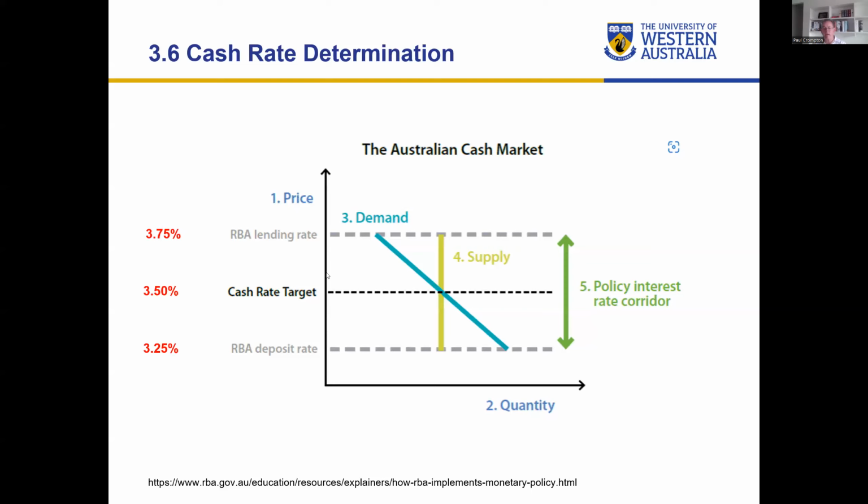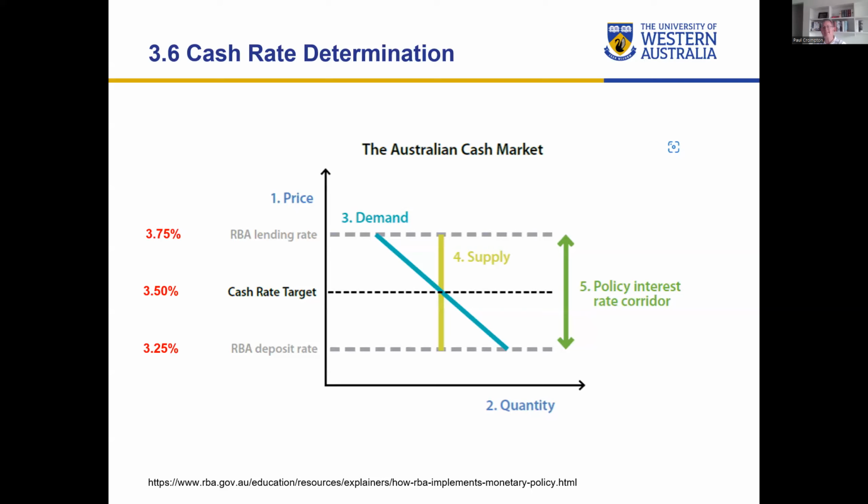So if the Reserve Bank wants to increase the cash rate by 25 basis points up to 3.75%, it announces that at the start of the day, before trading starts, and automatically the cash rate will jump up to 3.75%. And then the deposit rate, the lending rate, they would also jump up by 25 basis points as well.